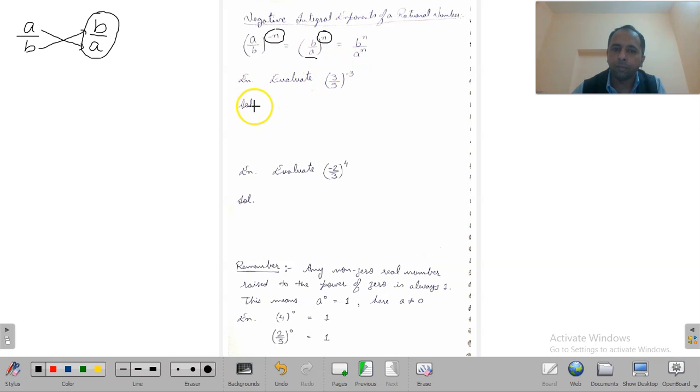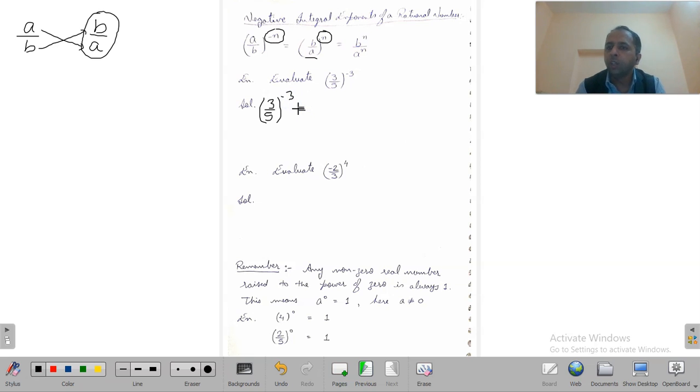Now for example, we have (3/5) to the power minus 3 and we have to evaluate its value. Evaluate means we have to find its value. So (3/5) to the power minus 3. Now you can see that the exponent value is negative.